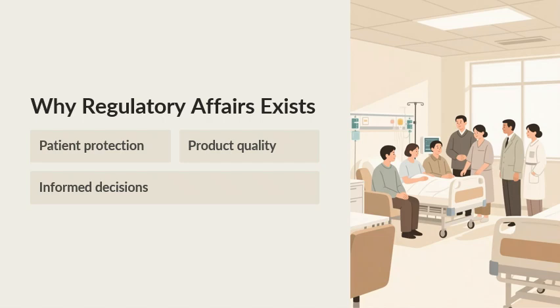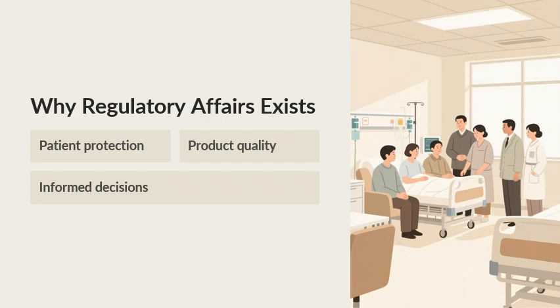Regulatory authorities are responsible for making these decisions on behalf of the public. However, regulators do not generate the data themselves. They rely on evidence provided by companies. This is where regulatory affairs plays a critical role.